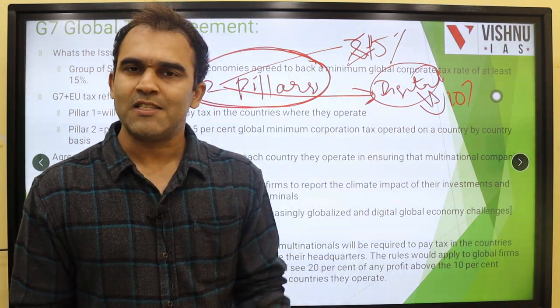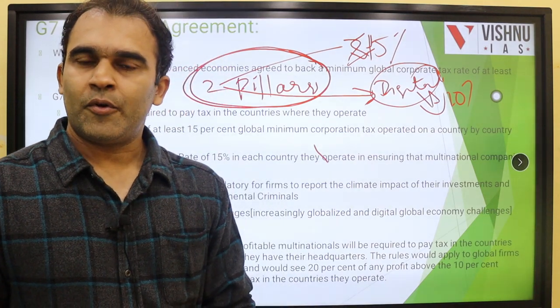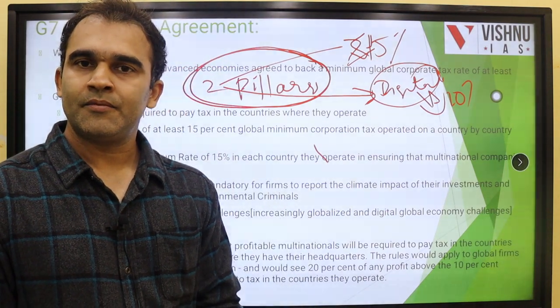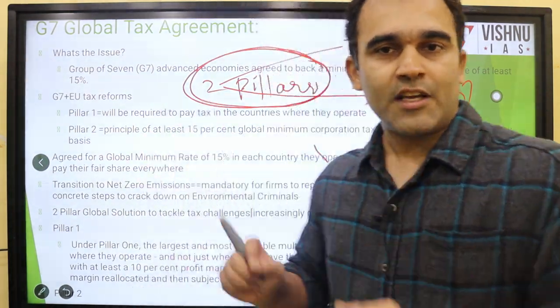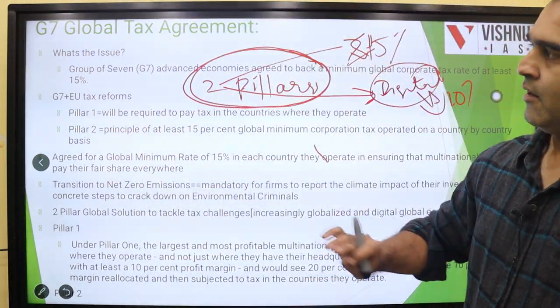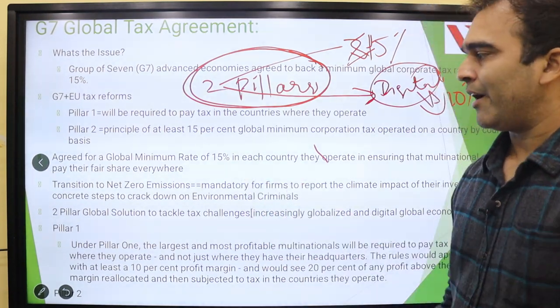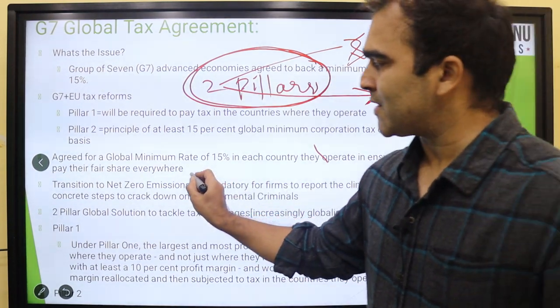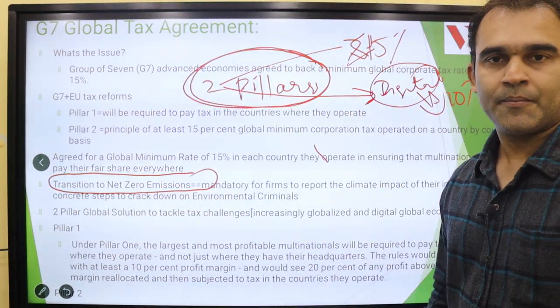Let's not get into the finer details. A 10% minimum profit will be considered, and it has introduced certain concepts. So that's the issue. And this is what the contents of the whole global tax agreement are. It also has certain environmental provisions built into it.